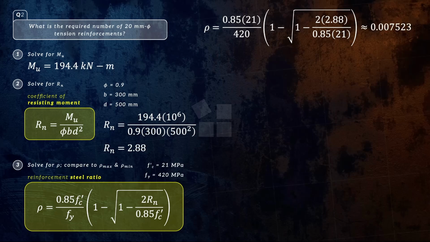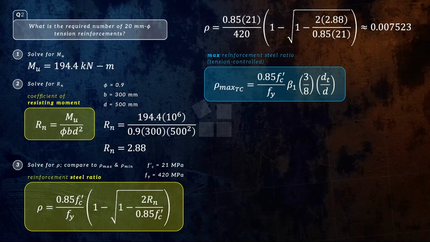Rho max is the maximum reinforcement steel ratio, which in our case should be tension controlled, given by this formula. Using this formula, our rho max would be equal to 0.85 of f'c, which is still 21, over fy, which is also still 420, times beta 1. Our f'c is 21 megapascals, which is less than 28 megapascals.